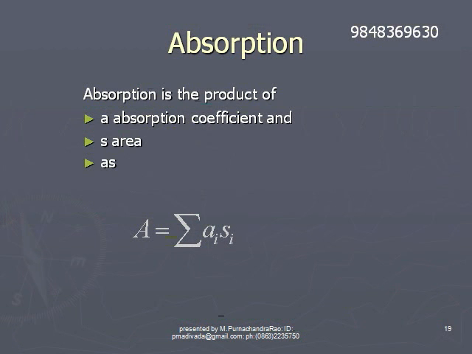If there is a surface of area S whose absorption coefficient is A, then the product AS is termed as absorption of that surface. If there is a room with different surface areas and different coefficients, then the total absorption of that room is given by A is equal to sigma AI SI.